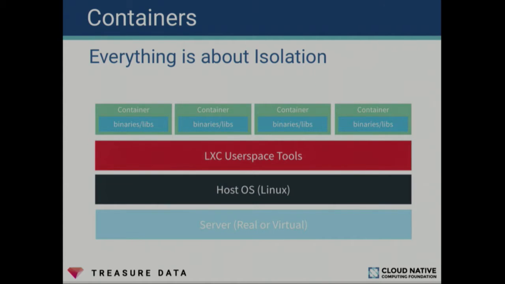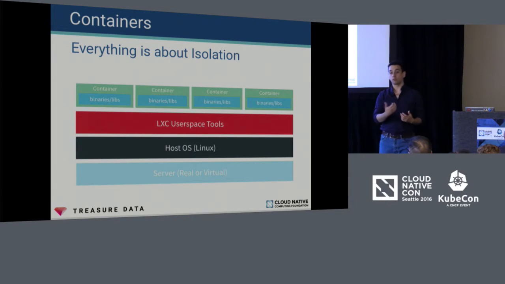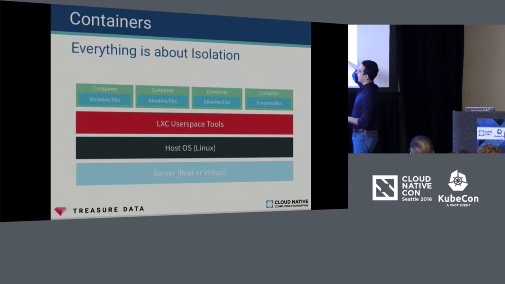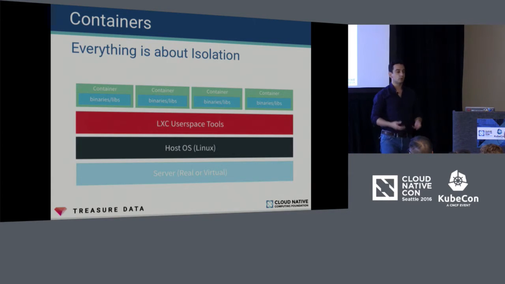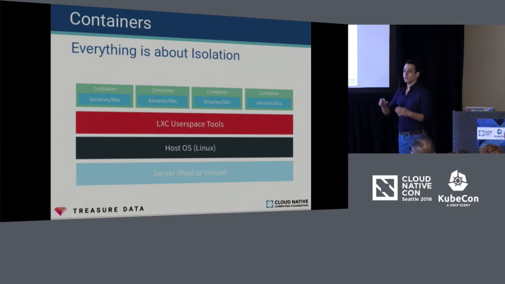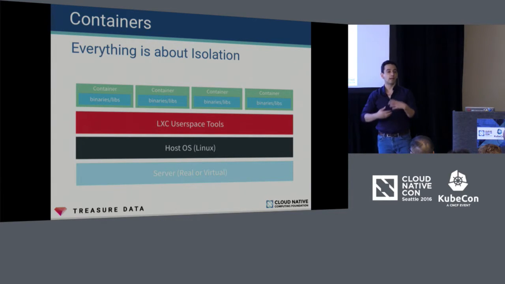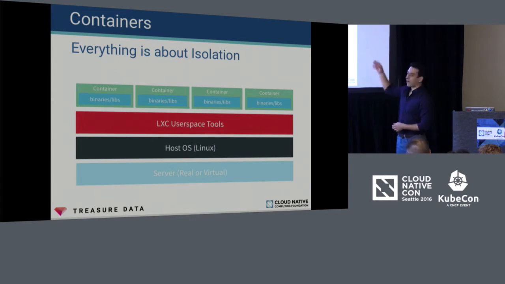A container is not a feature or an implementation. A container is a concept built on top of cgroups, control groups, and namespaces at the operating system level. So your server is running here. You have a host operating system, and you have some user space tools that allow you to create this concept of a container. Of course, you create the container, and on top of that, you deploy your application. Your application has its own dependencies, its own libraries, and is fully isolated.